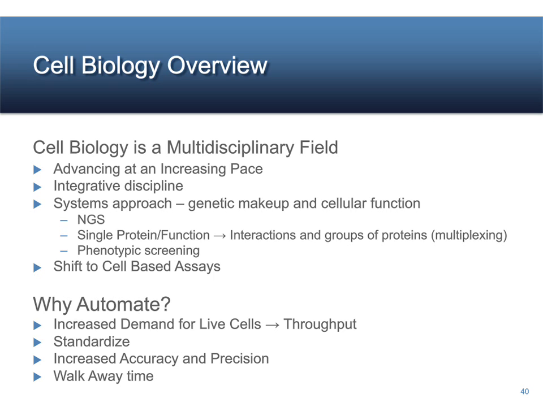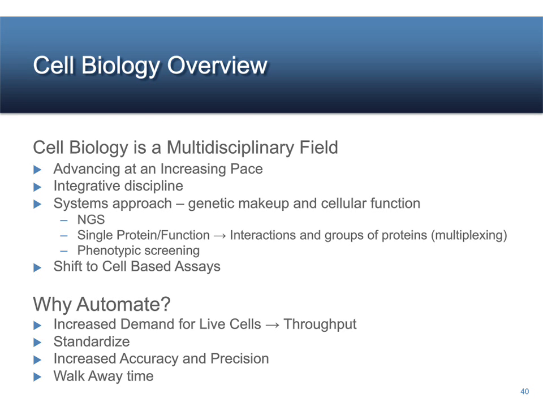There's also been a shift in this field to more cell-based assays for, say, drug discovery and compound screening systems. Cell-based systems are more biologically applicable than non-cell-based systems such as protein interactions as well as DNA expression.